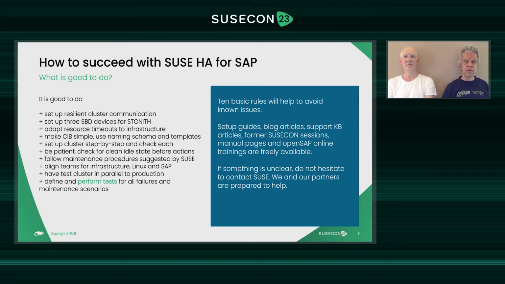We recommend to have SBD as a STONITH device, and if you are using SBD, we heavily recommend to have three SBD devices. There's a difference between having only one SBD device, having two SBD devices, and having three of them.